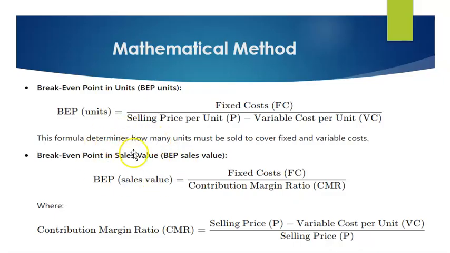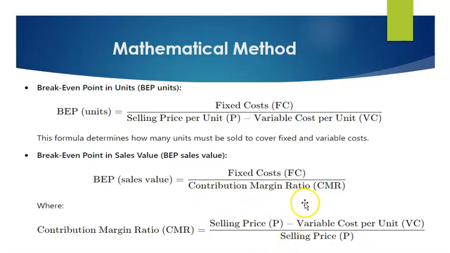You can also be asked to calculate break-even point in value. So, break-even point in value is simply fixed cost divided by contribution margin ratio. Okay, this contribution margin ratio, sometimes they call it contribution sales ratio.